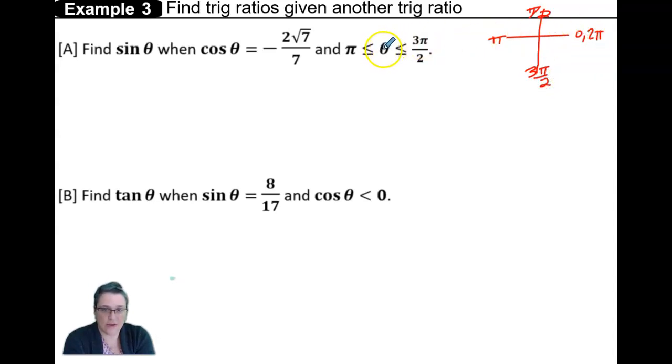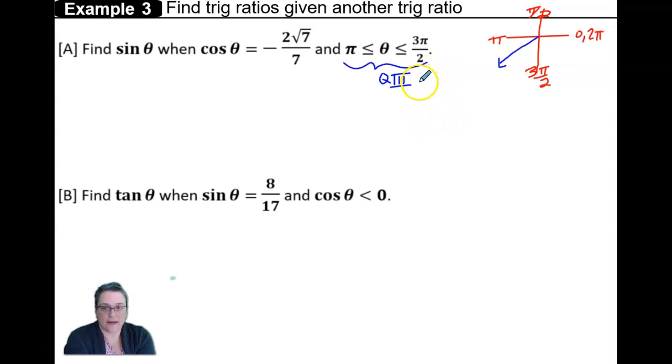So theta between pi and 3 pi over 2 puts the terminal side in quadrant 3. So this range of values tells us that the terminal side of our angle lies in quadrant 3.